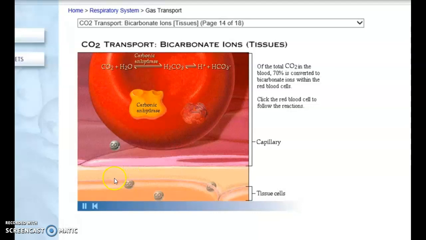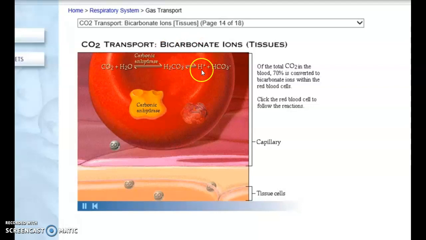Well, the majority of it, the 70%, goes from the plasma into the red blood cell, and then there is an enzyme called carbonic anhydrase that puts it together with water. Now notice, carbon dioxide plus water, here's our enzyme that makes this able to happen, because we have our two binding sites, lowers the energy of activation, and we literally form something called carbonic acid right here.